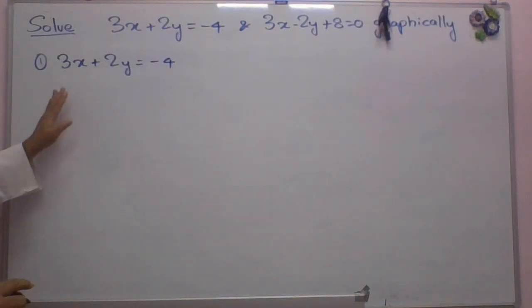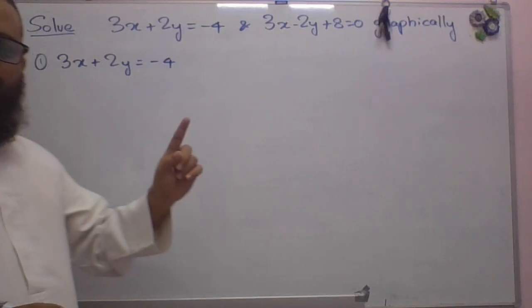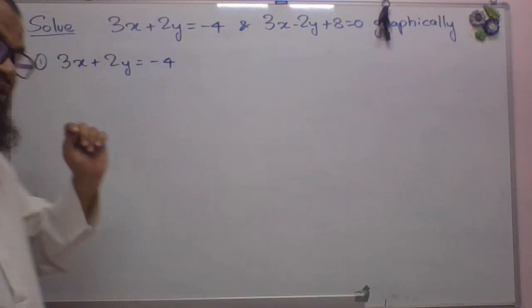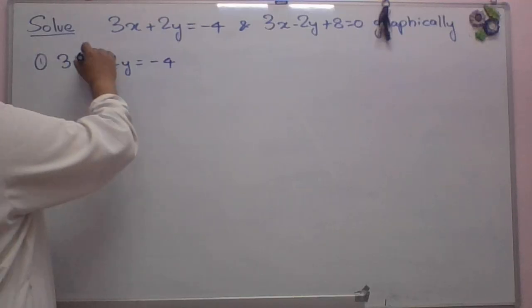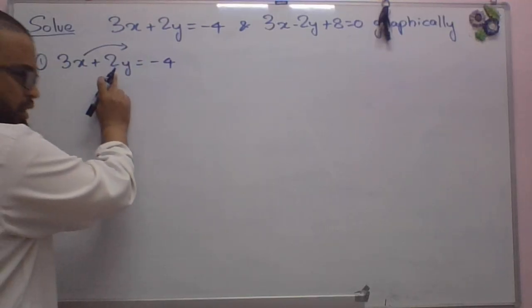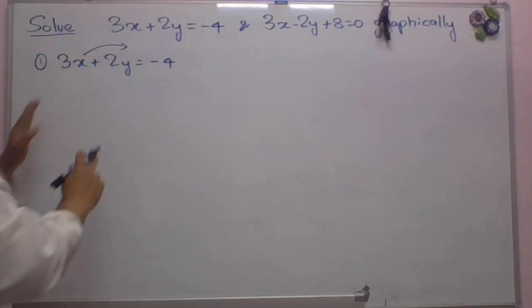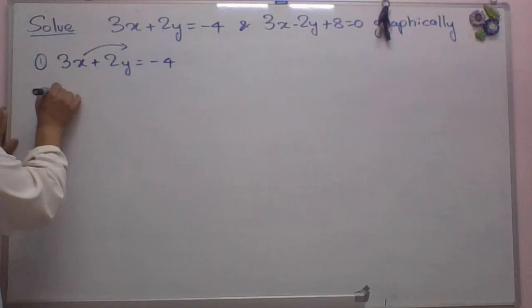See, when finding the solutions, try to check whether there is any variable which has coefficient 1. Here you don't have one. So let us transpose either 3x or 2y. I kept 2y on the left-hand side because whenever you divide, you will get a whole number.